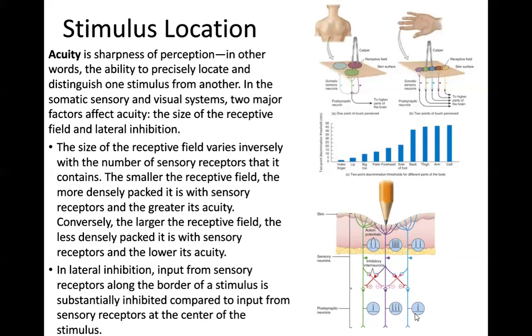So what ends up traveling to the central nervous system is a not very high amount of action potentials from the outside ones, but more so from the inside middle one. And once again, that helps us tell exactly where that tip of our pencil is pushing in on our skin, so we can, if needed, move that pencil away from us to protect us, get us from getting hurt, right?